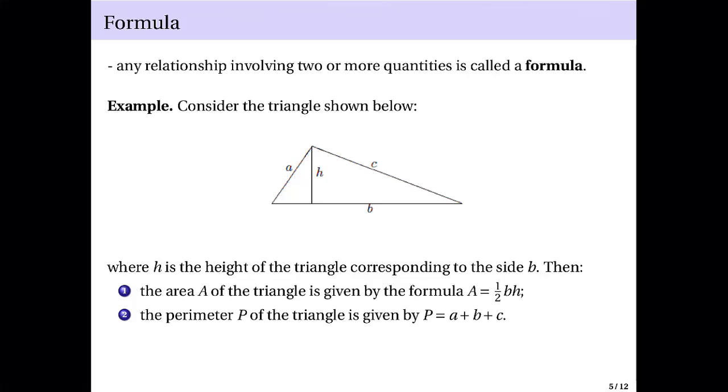So there are other cases also. For example, you have a triangle that looks something like this, and this is your A, B, C. You can have the height of the triangle to be this. The property is that you draw a height of the triangle by drawing a line from one vertex going to the opposite side, and you draw that perpendicularly.